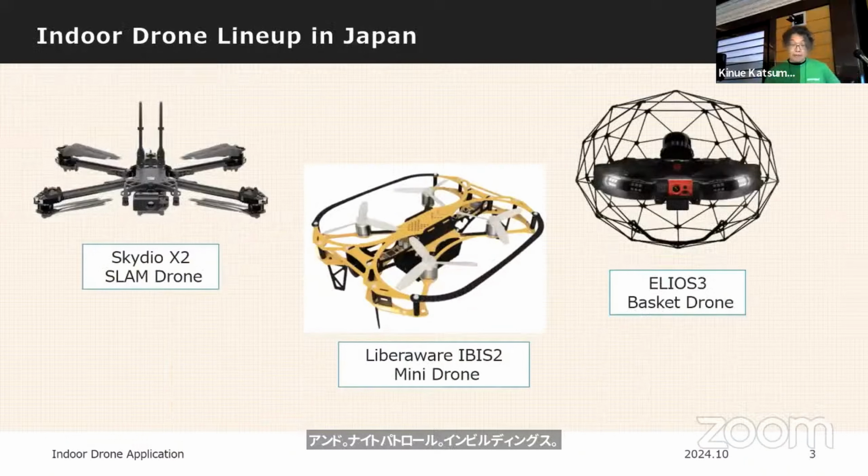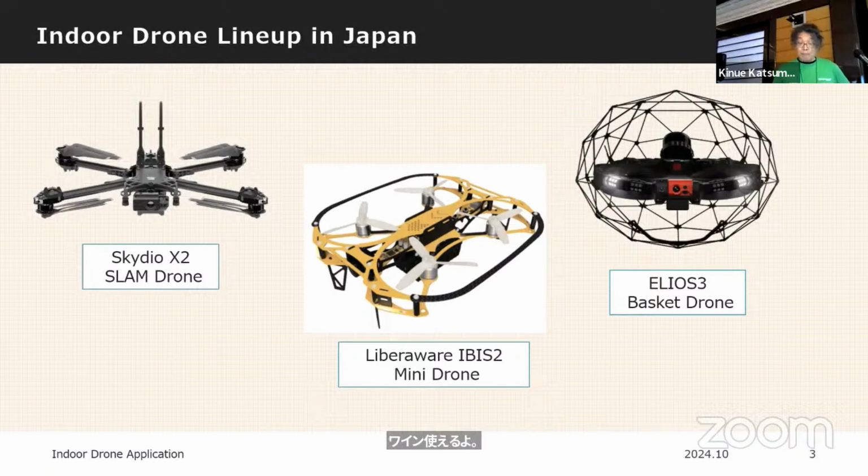Drone solutions being rolled out in Japan. One is Skydio, which you are all probably familiar with. As you all know, this is in collaboration with NVIDIA and is controlled using SLAM. The second is Flyability Helios, which also uses computer vision and radar mapping to control drones using SLAM.